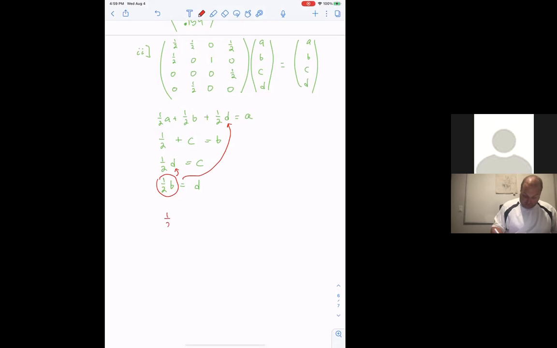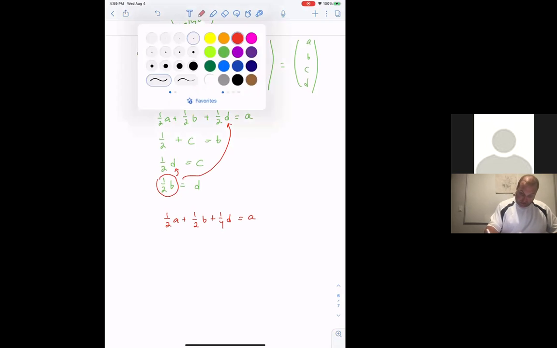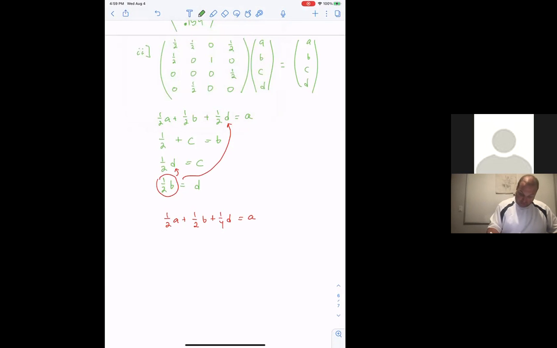First equation gives me 1/2 A plus 1/2 B plus 1/4 D is equal to A. Oh, and I missed an A there in the second row. Okay.